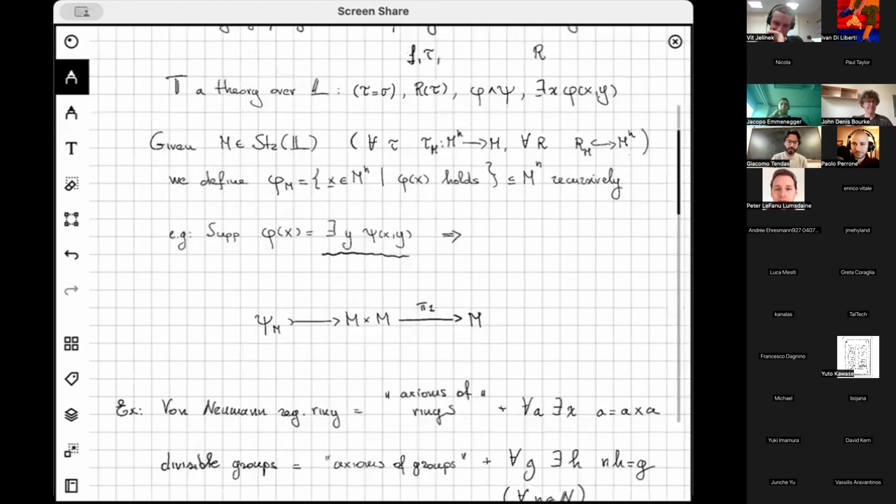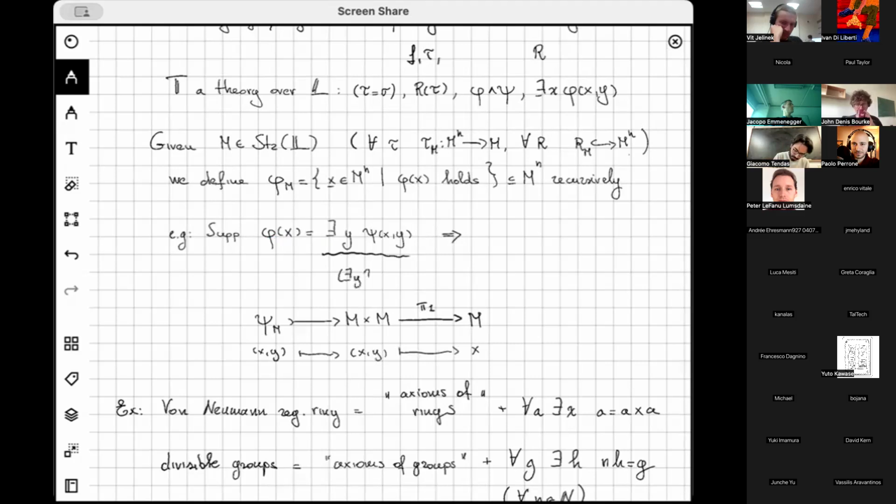So if you're given psi, how do you construct, in a formal way, the subset phi of M, where phi is the formula exists y psi(x,y)? Well, if you are given psi, let's say in two variables, that's interpreted as a subset of M times M. So you can project down into M, so you have an element here, which as a subset is mapped to itself, and now you go to just x. What you take to define the interpretation of this is just the epi-mono factorization of this.